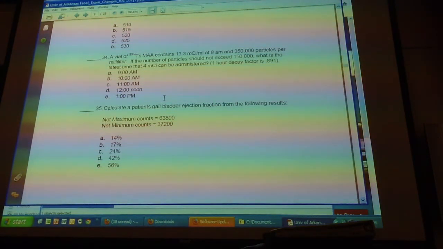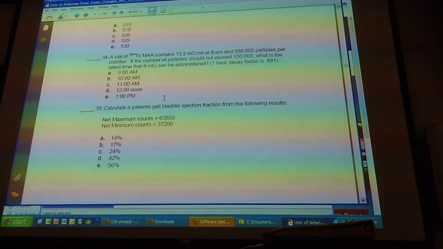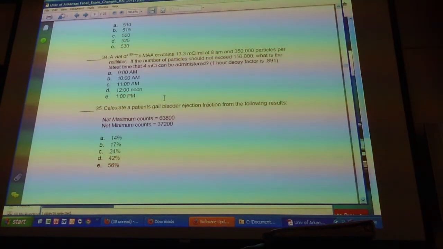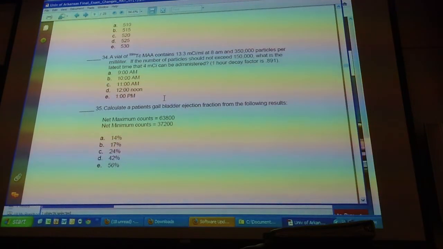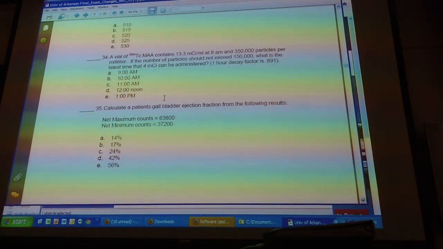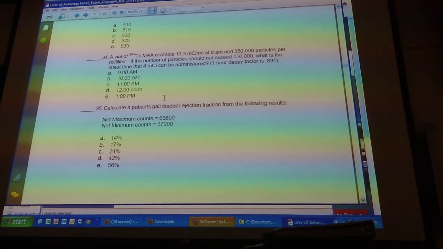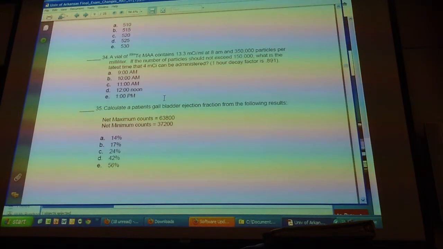So if you have 350, now let's see. It doesn't tell us how many ml we originally started with. How many particles would there be at 8 a.m.? 250.